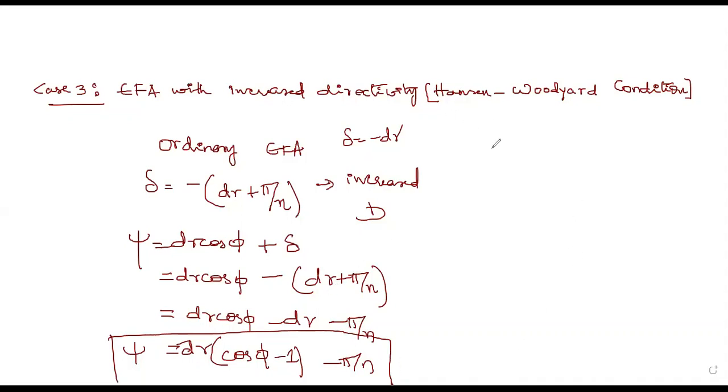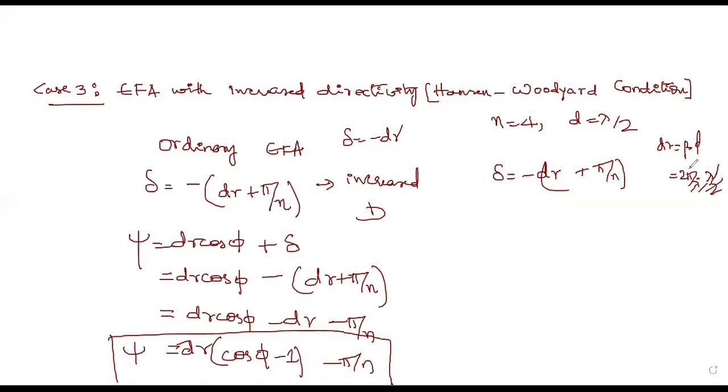Considering an example, consider n is equal to 4, d is equal to lambda by 2. If I substitute it here, delta value will be minus dr plus pi by n. Dr we know is beta d, so this is equal to 2 pi by lambda into lambda by 2. So we get the dr value as pi.